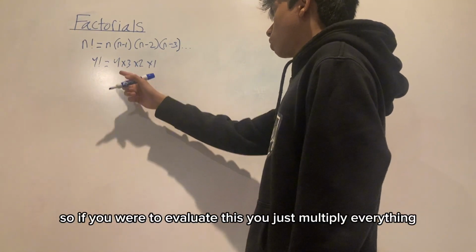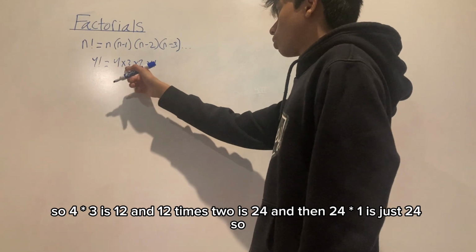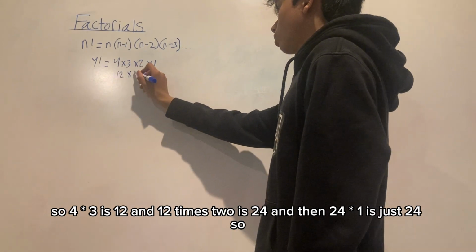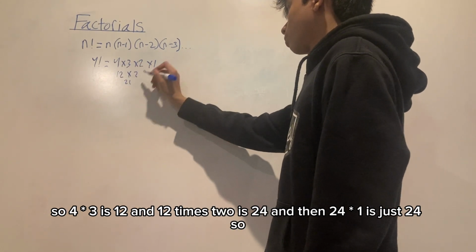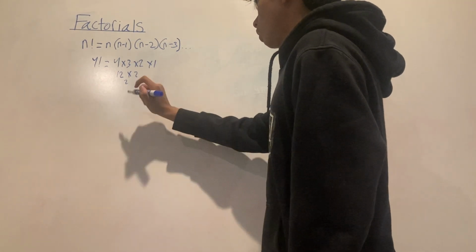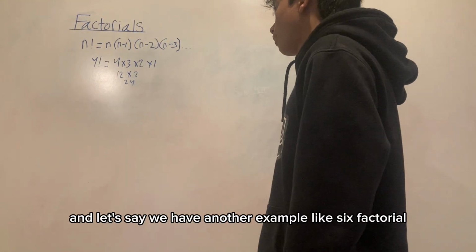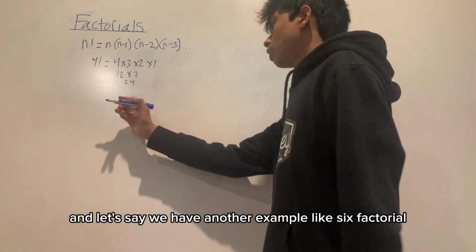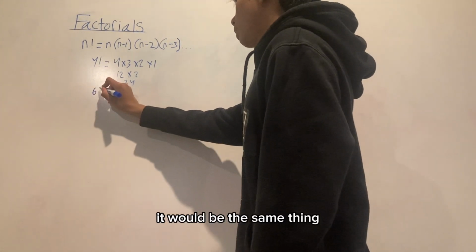So if we were to evaluate this, you just multiply everything. So 4 times 3 is 12, and 12 times 2 is 24, and then 24 times 1 is just 24. So it's equal to 24. And let's say we have another example like 6 factorial. It would be the same thing.